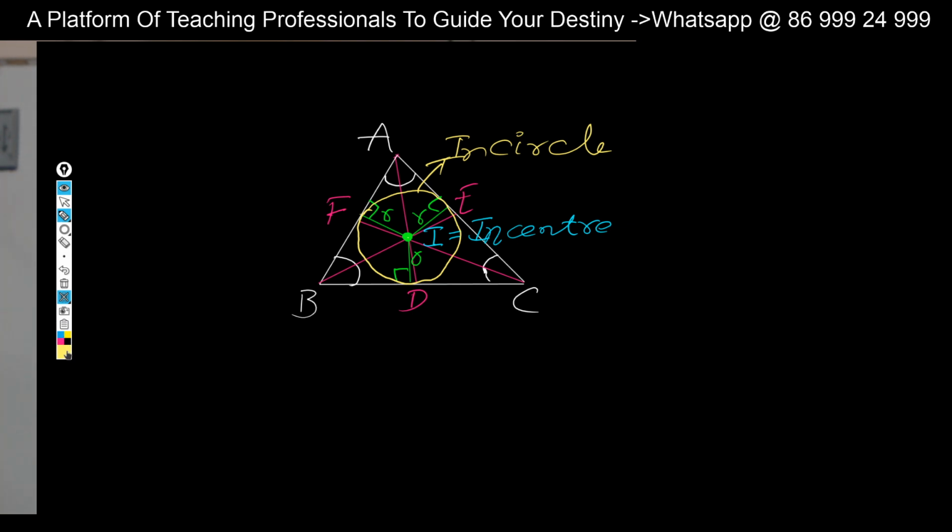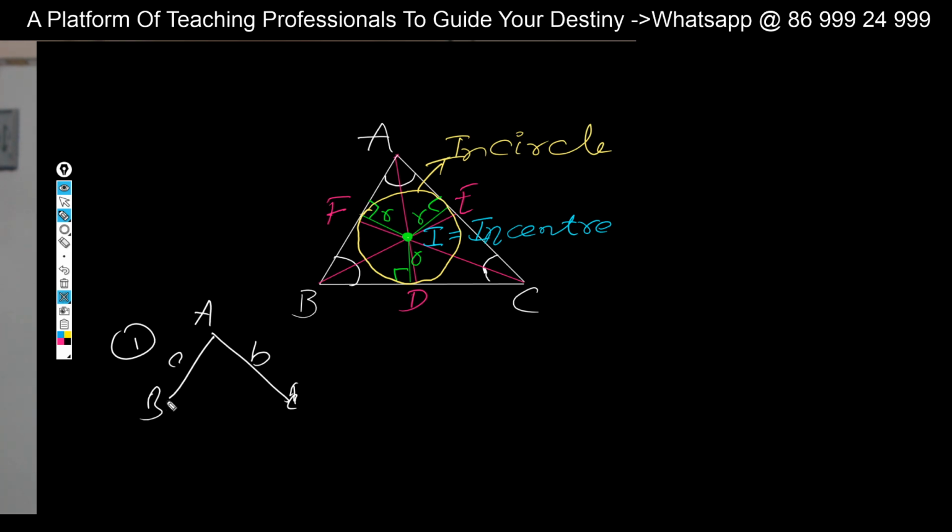Number one, these two are the sides. Let me say A, B, C. The side which is opposite to angle C is said to be small c. The side which is opposite to angle B is said to be small b.